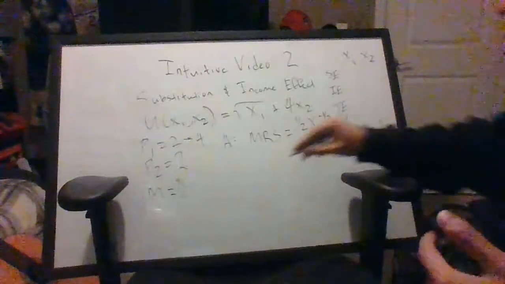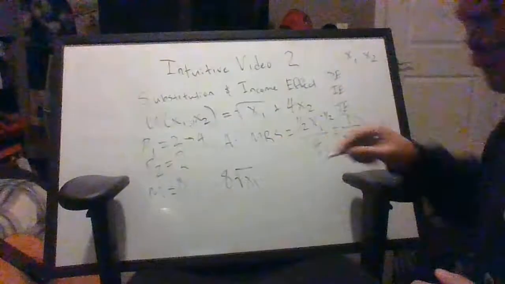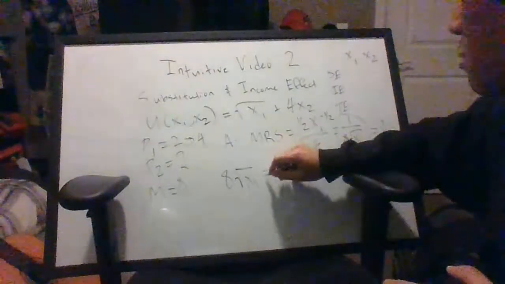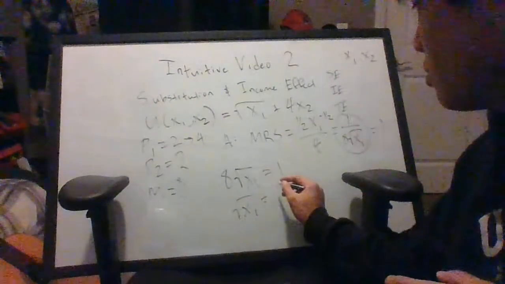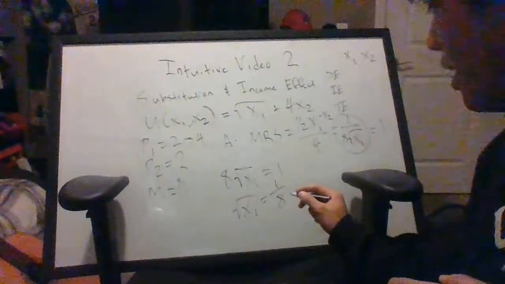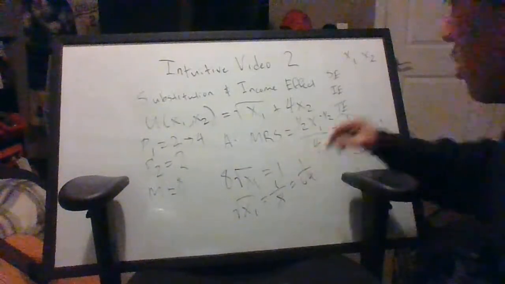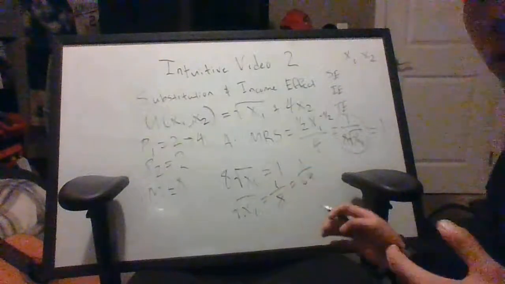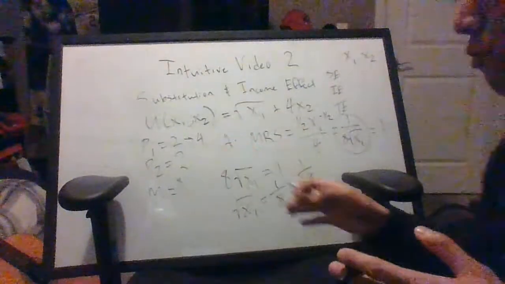Okay, so 8 times the square root of x1, just a little bit of rearranging, so just try to follow along, is going to be equal to 1. So the square root of x1 is going to be equal to 1 over 8, and so x1 will be equal to 1 over 64. This is the original amount of x1 that we're going to consume prior to any sort of price changes.